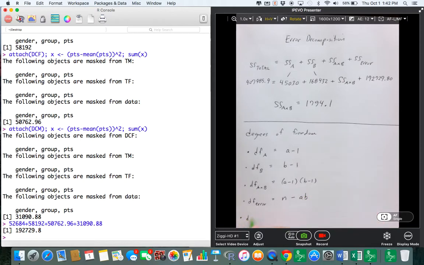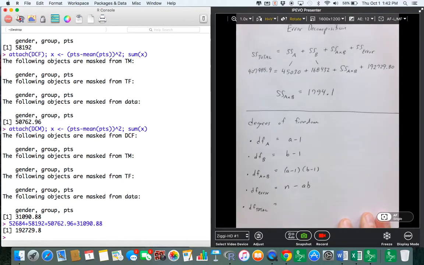So guys, when you do the math, take A minus 1 plus B minus 1 plus AB minus A minus B plus 1 plus N minus AB. You end up with N minus 1 as your degrees of freedom for your total.